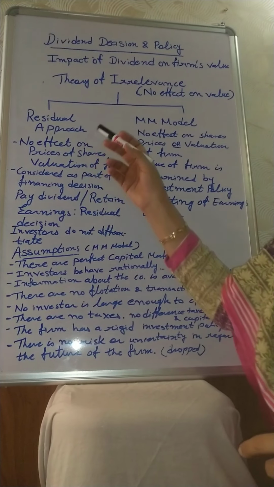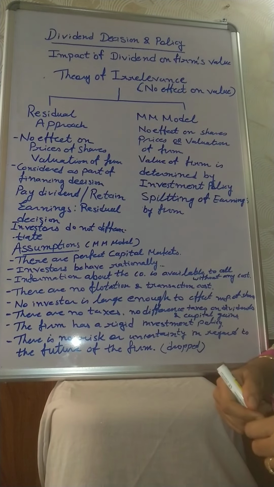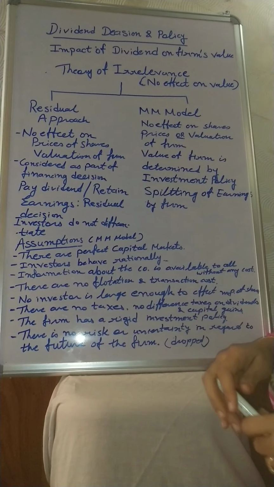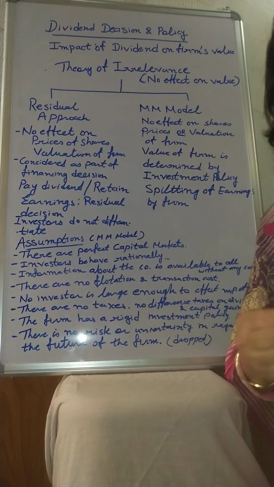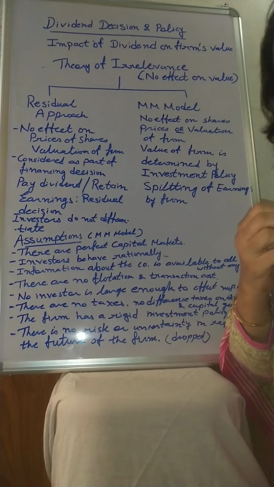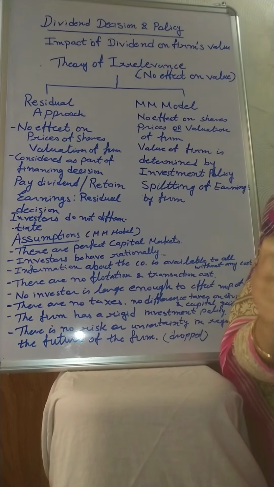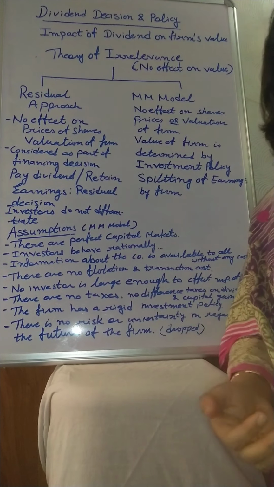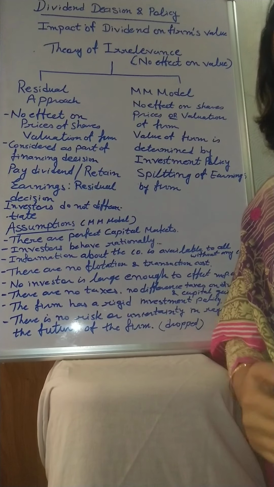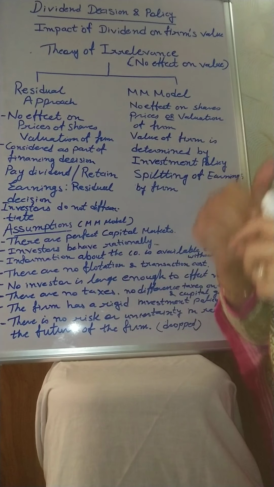Now let's discuss the residual approach. As per the residual approach, this is basically the decision of the firm owners. It is the decision of the management of the company whether they want to retain profits with them or they want to distribute it among the shareholders.